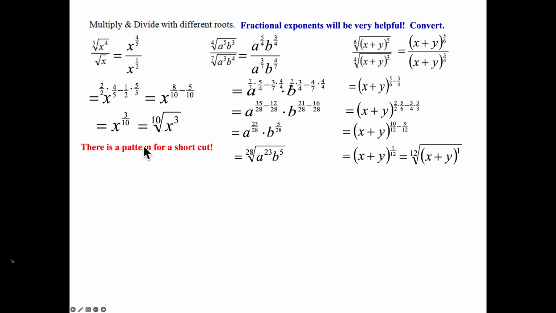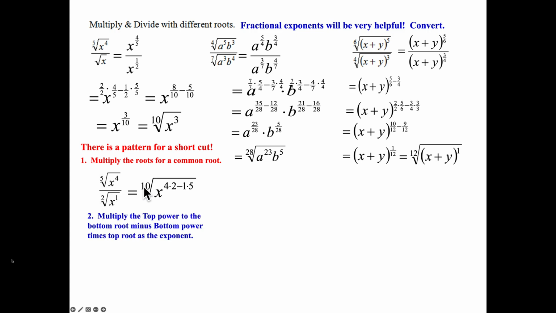Now, that same multiplication pattern can work here for division. However, you got to be very careful in your alignment. So again, multiply the roots. The 5th root of x to the 4th, over again, put the numbers in, square root of x to the 1st. Multiply the root numbers. We have the 10th root. Start with the top power, because remember, we got to subtract going down. 4/5 minus 1/2.